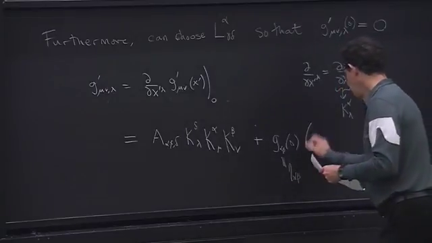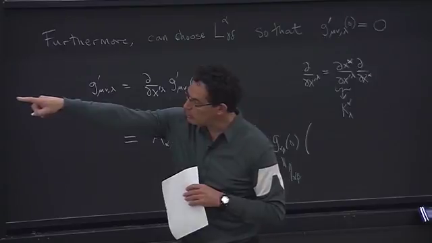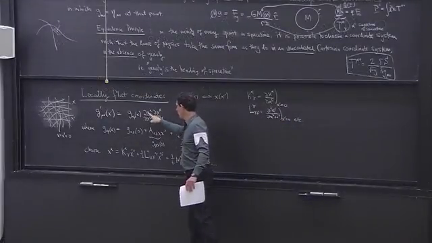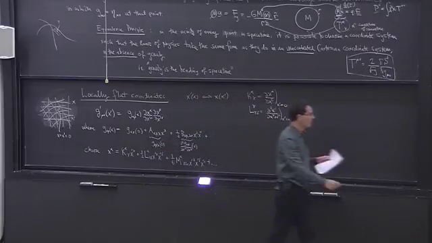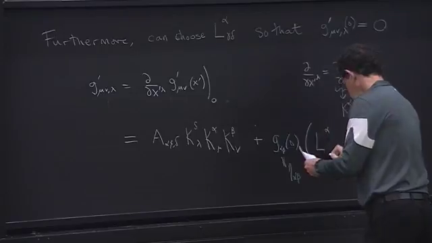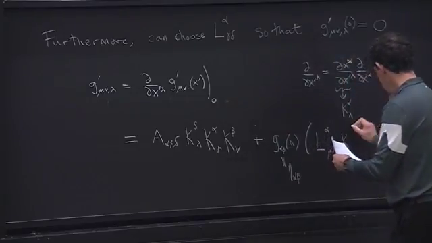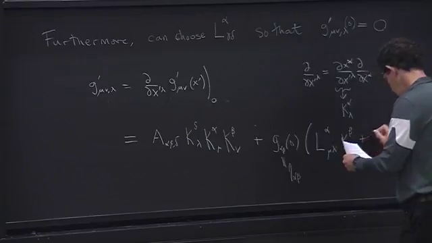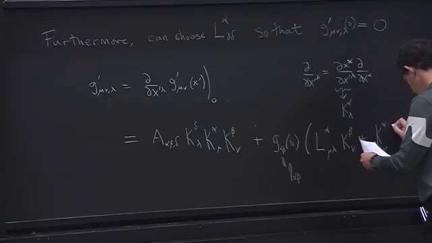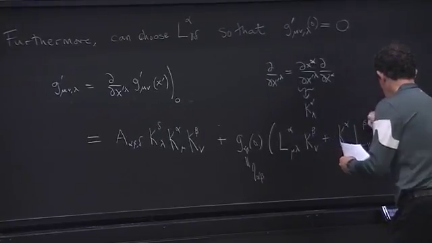And then I'm going to get the derivatives acting on the coordinate transformation matrices, d by dx prime acting on this one and then on that one. So I'm going to get two terms, which will be L alpha mu lambda k beta nu plus k alpha mu L beta nu lambda.